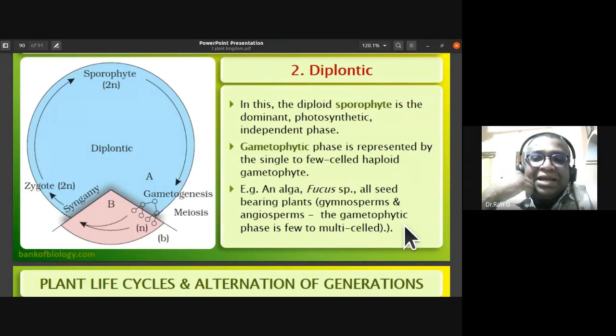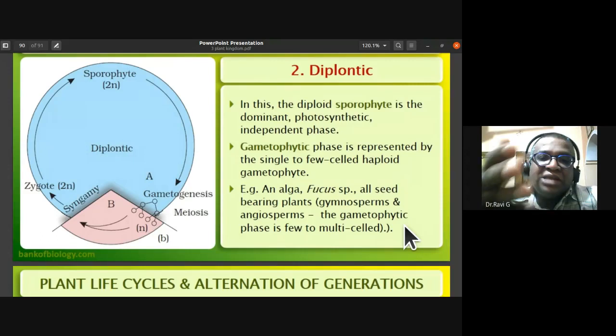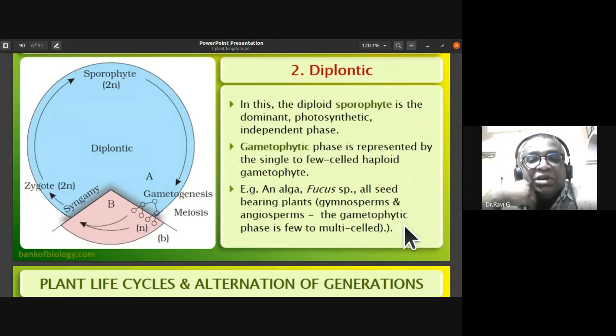An example for this is the alga Fucus. Then there are also examples of gymnosperms and angiosperms. So you can notice the diplontic life cycle in Fucus, gymnosperms, and angiosperms.